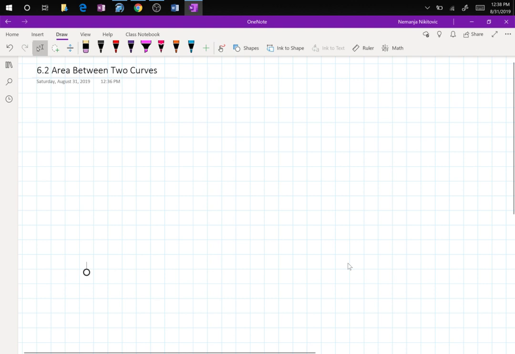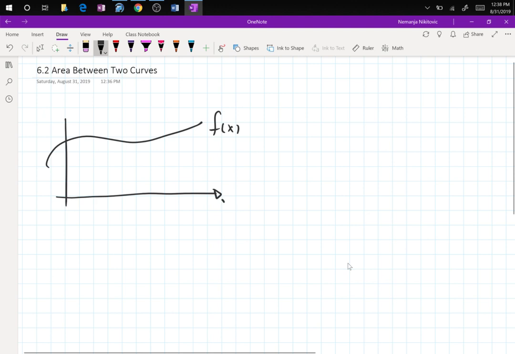So before we go into area between two curves, let's review Calculus 1 area under a single curve. And that's technically 5.2 definite integrals. If you have some kind of a function, f of x, in the xy coordinate system, you can find area under the curve as long as the function doesn't dip below the x-axis.